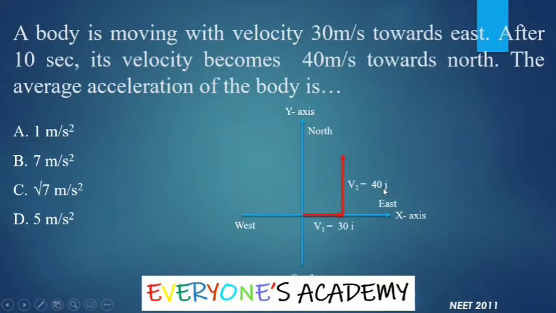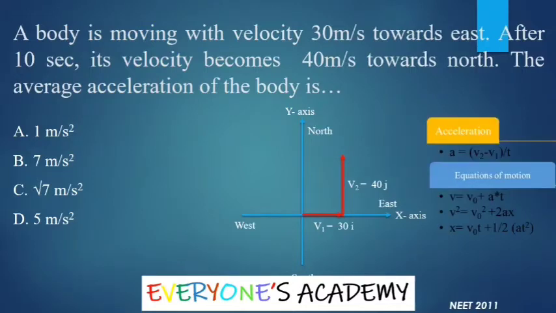Here, the average acceleration of the body is to be calculated. From our equation of motion or acceleration formula, we know that the average acceleration is final velocity minus initial velocity divided by time. Here final velocity is this and initial velocity is this. So we will use this formula in the vectorial format.